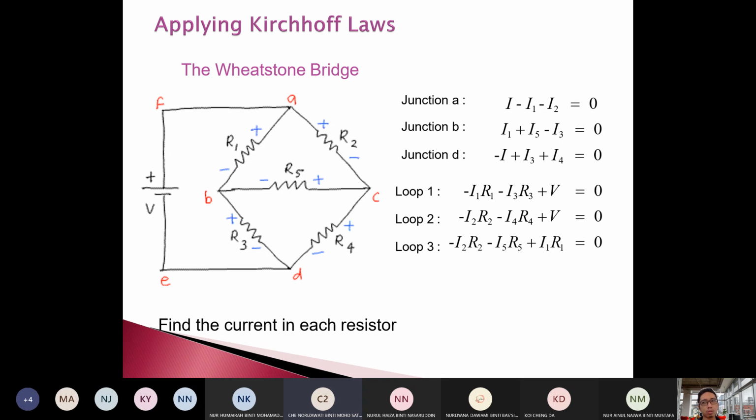At junction A, the current from here is I. When it meets A, it is separated into I1 and I2.